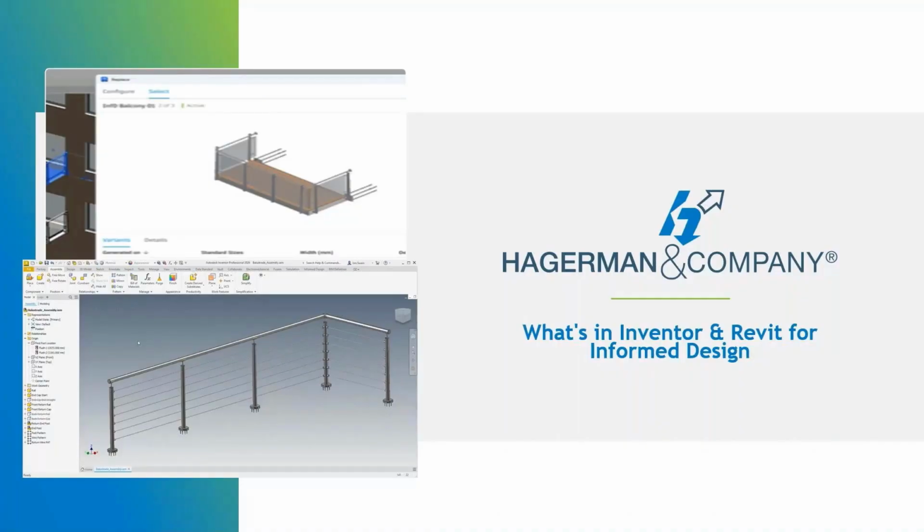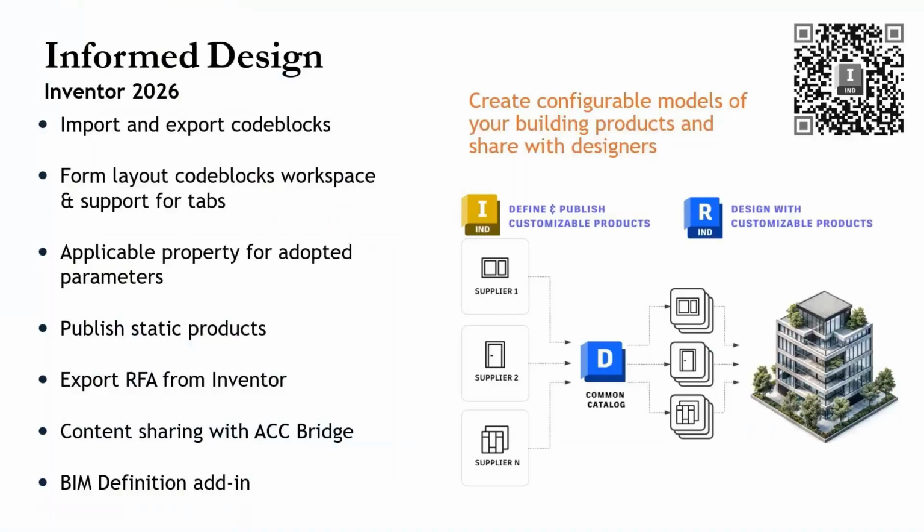So what does that mean? When we're in Inventor and in Revit, there are some tools to facilitate this process. We can create what are called code blocks for Inventor. We can publish static products. Maybe there's just one. It just is what it is. The process exports an RFA, which is a Revit family for Revit folks to consume.